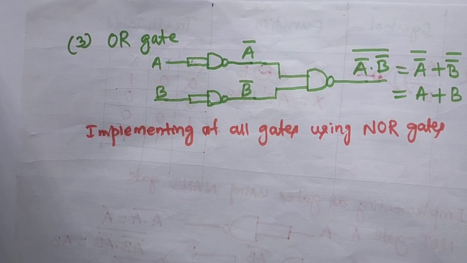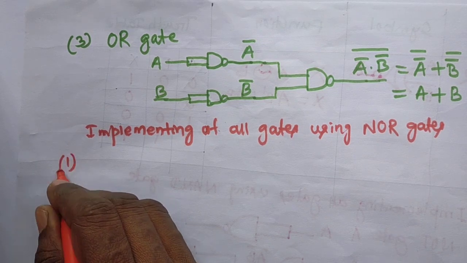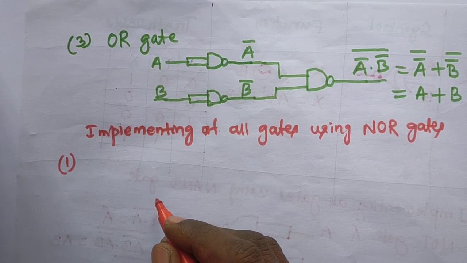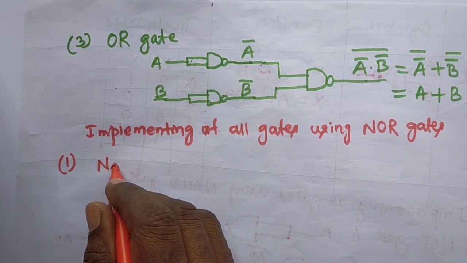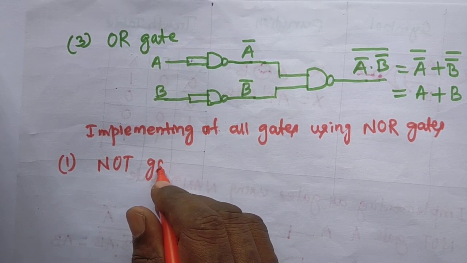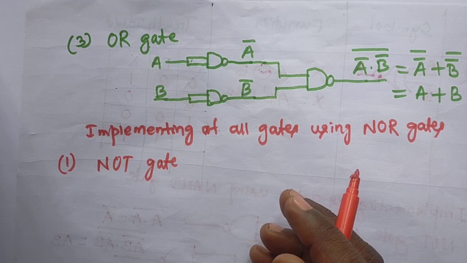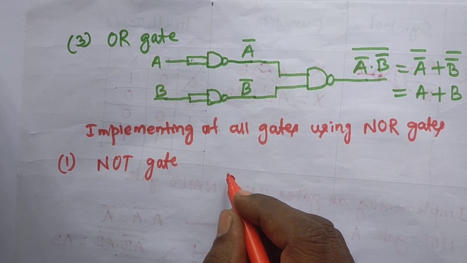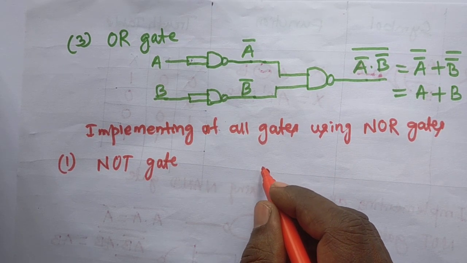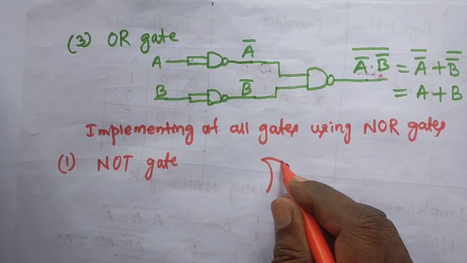Okay, very simple. Again we also design similarly NOT gate, just like previous, but here what happens, always use NOR gate. Okay, very simple way. You see, NOR gate means just NOR symbol we just provide.